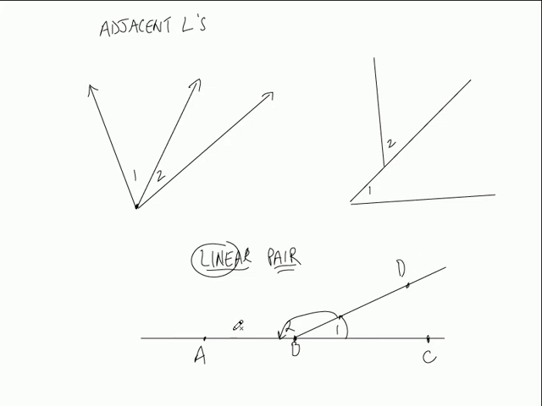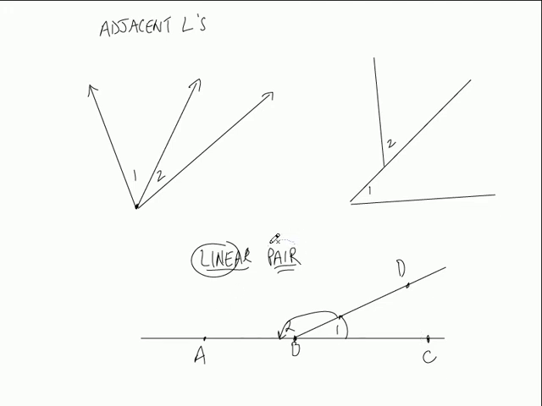Watch this. There might be a problem on a quiz or test that says name a linear pair. So what would the linear pair be? Forget the numbers. Just pretend you didn't have the numbers in here. What would angle 1 be? D, B, C, right? What would angle 2 be? A, B, D. Or you can go the other way. It doesn't make any difference. I had some people saying that the linear pair was angle ABC, and that was it.